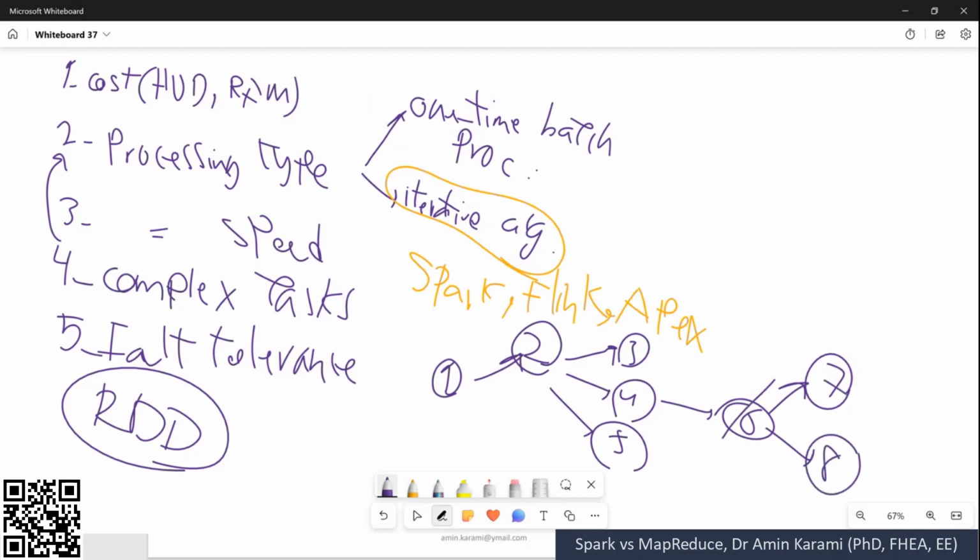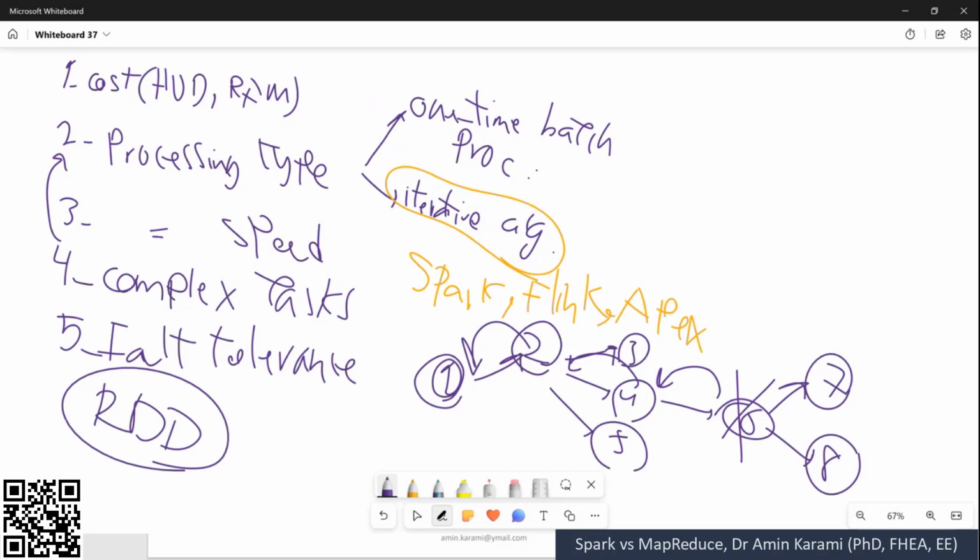And whenever you miss a node or a cluster fails, you can reconstruct the data by going back into these stages. It's going to take over again, maybe from the first step or from an intermediate step, to reconstruct the lost partition. This will ensure that the processing job can continue without interruption and without losing any data, similar to Hadoop MapReduce.